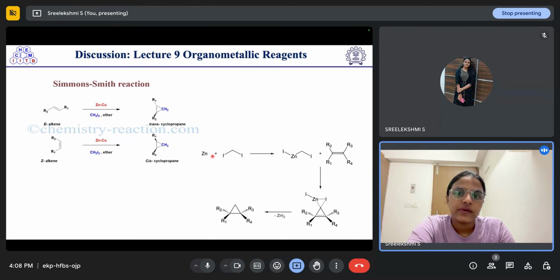First, this CH2I2 in presence of zinc will form this intermediate, and then in presence of alkene, this will attack over this, and here a carbene is generated, so that carbene can attack over this, and this position will attack on the carbene to form this particular intermediate. Then zinc iodide will leave as a stable molecule to form the cyclopropanated product.